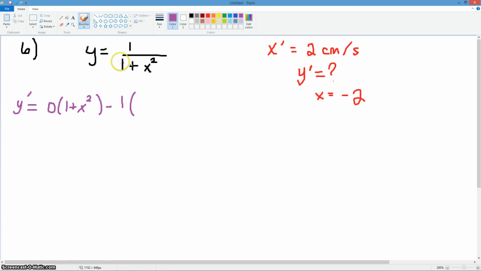Well, this derivative here is 0, so we're good with that. The derivative of this will be 2x x prime. And of course, all over the second squared. So it's going to be 1 plus x squared, all of it squared.